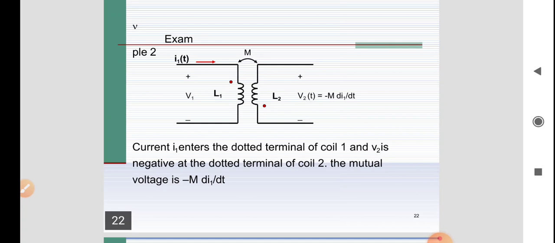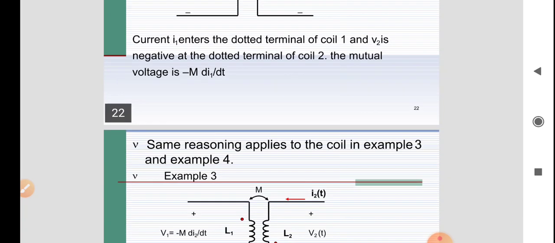So I1 current is dot to coil, I2 current is coil to dot. That is the reason we are representing the mutual inductance as negative. When the current is flowing in the opposite direction through the windings, the mutual inductance is negative.